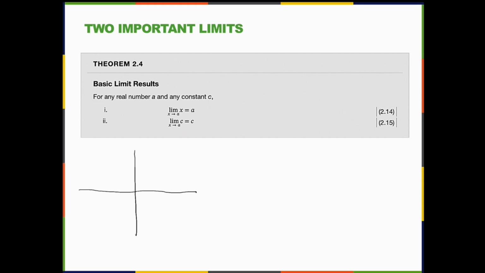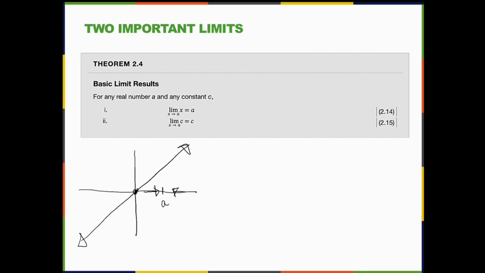If we think about the function y equals x, it's just this linear function that passes through the origin. No matter what value of x I approach, we'll call it a here, because that's how it's labeled in rule number 1. We're going to just generically call it a.